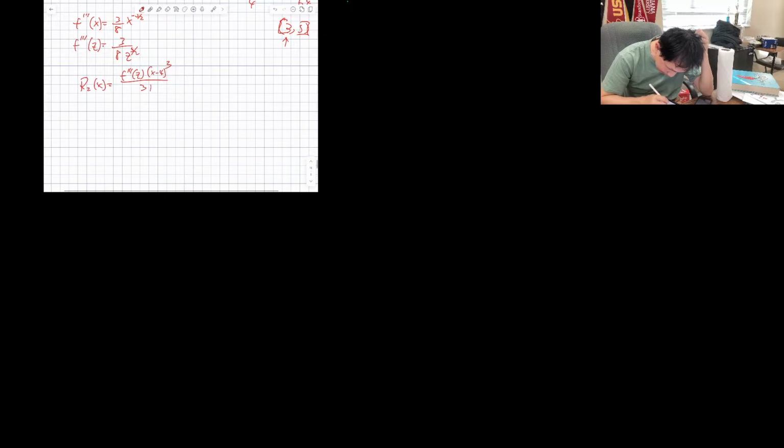So R2 of x is f to the 3 of z times (x minus 4) to the third over 3 factorial, because your next term, the second remainder, is your third degree Taylor polynomial.